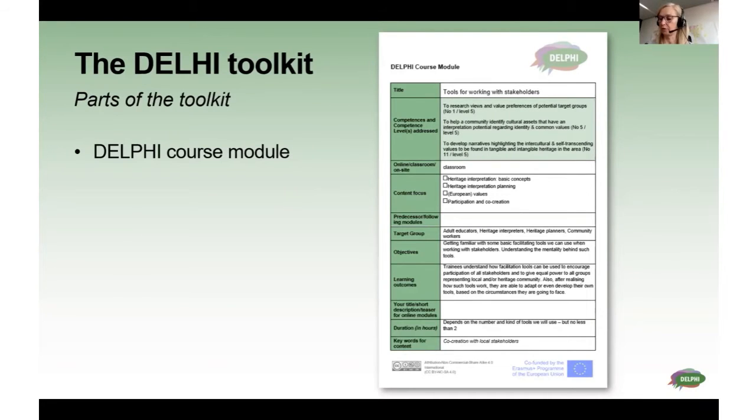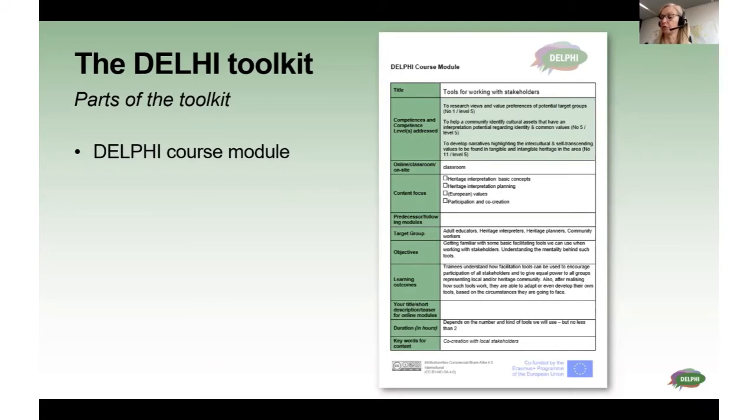Now I will give you an overview of the parts of the DELPHI toolkit. First, I show you the DELPHI course module design template. This is how a filled-in DELPHI course module design template looks like. You find information on the competences and target groups addressed, the duration of the module, and much more.